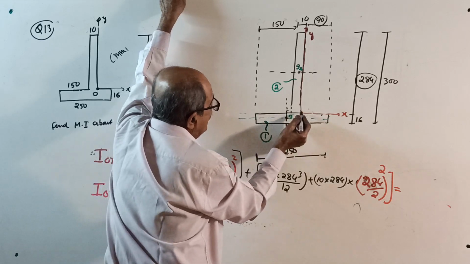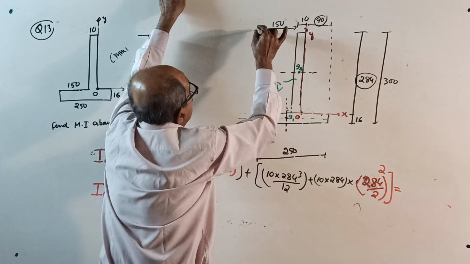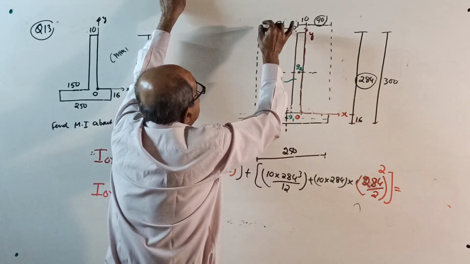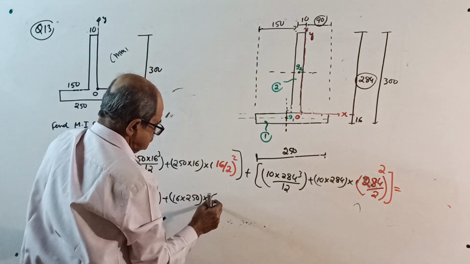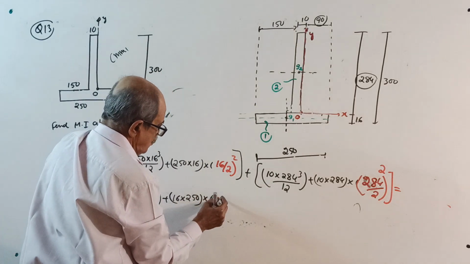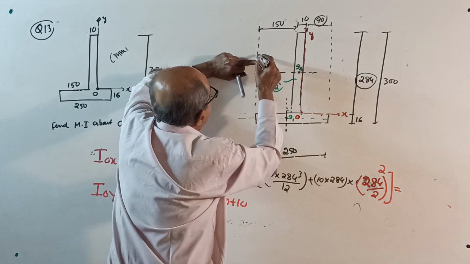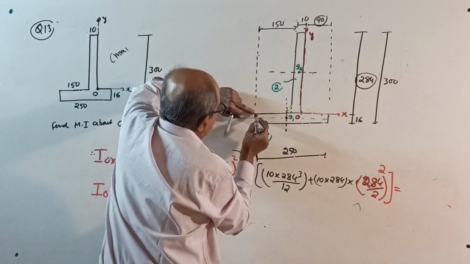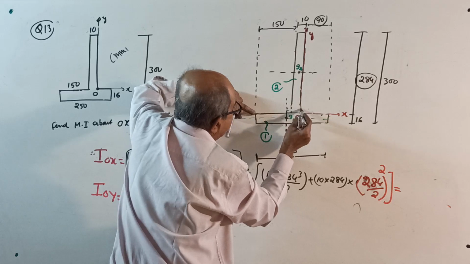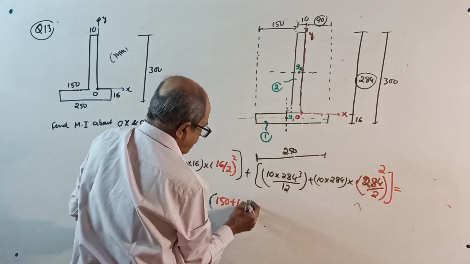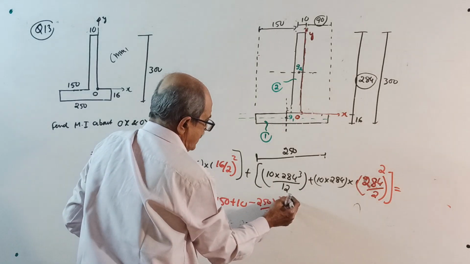From here to OY is 150 plus 10. Oh no, this is 150, where up to here is 150 plus 10. See here, 150 plus 10 is from here to here. Then subtract, I want this distance. Subtract half of 250, 250 by 2 whole square.